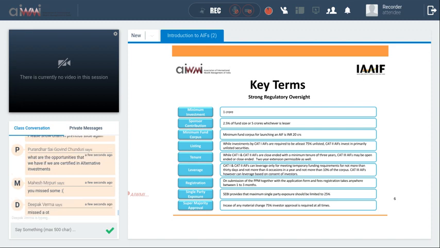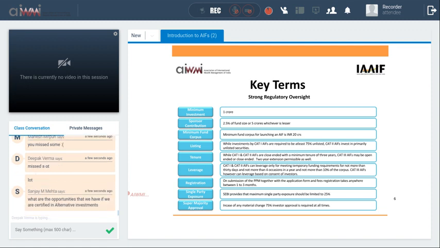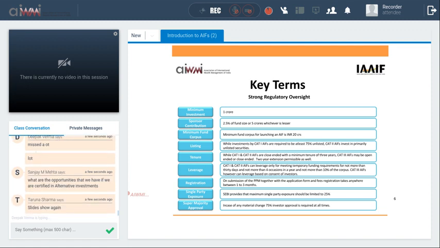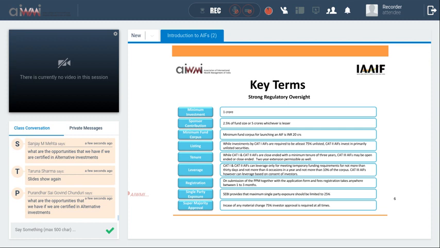That is why an AIF generally discloses information at best quarterly, sometimes monthly, depending on the kind. For example, if it's a category 3 AIF investing in the listed space, you can still have a very strong reporting mechanism where you can even disclose a daily NAV. But most AIFs will give you NAVs on a monthly or quarterly basis, and even the fact sheets would generally be at a quarterly or semi-annual frequency.